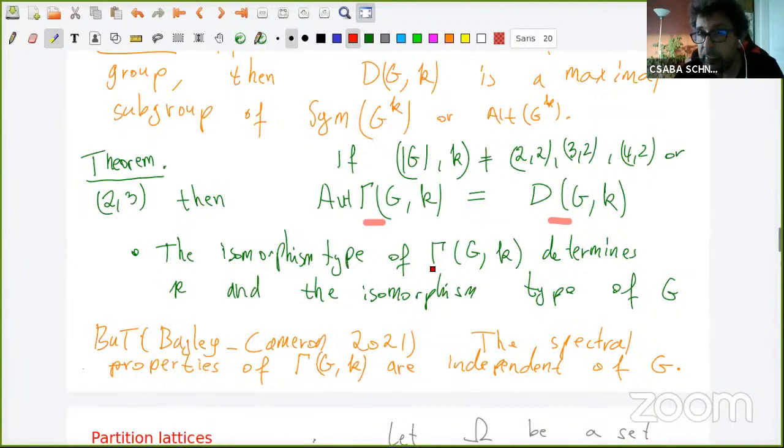But our result says that these graphs are not isomorphic. So these diagonal graphs are not isomorphic unless you take isomorphic groups and the same number K.